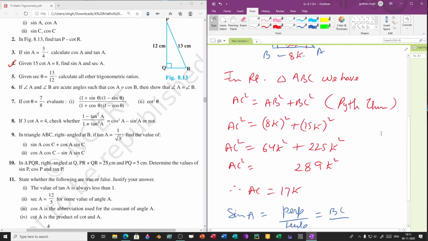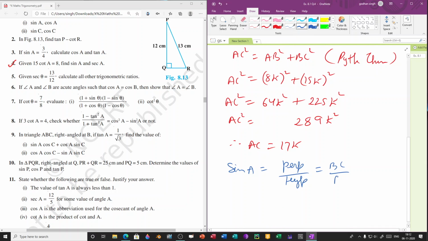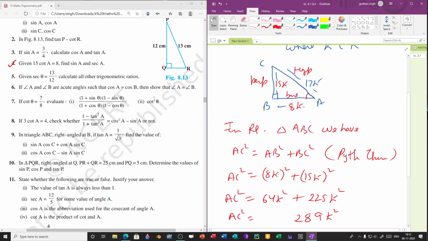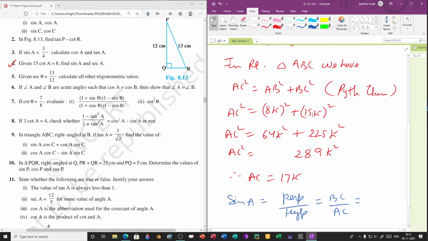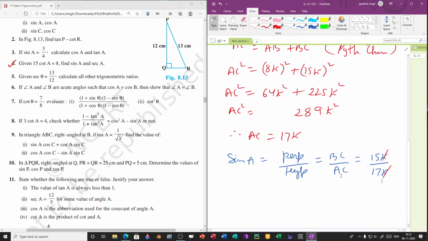Hypotenuse is AC. Next we will be putting the value of BC. So the value of BC, if you see the figure, is equal to 15k, and AC we have obtained as 17k. Now because k is a non-zero positive real number, cancelling it out, we are getting sin A as 15 by 17. So therefore sin A equal to 15 by 17.